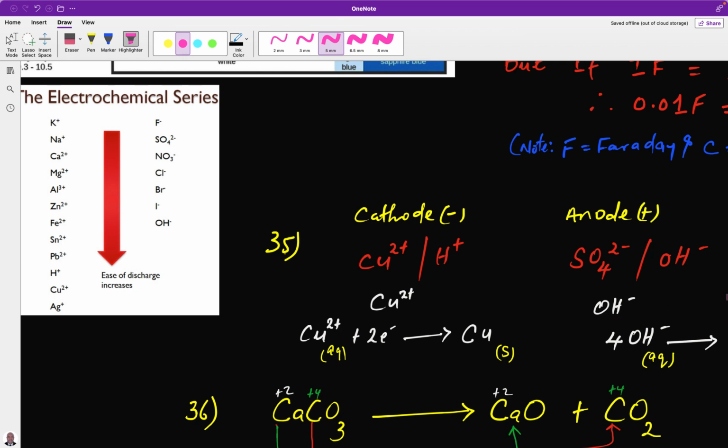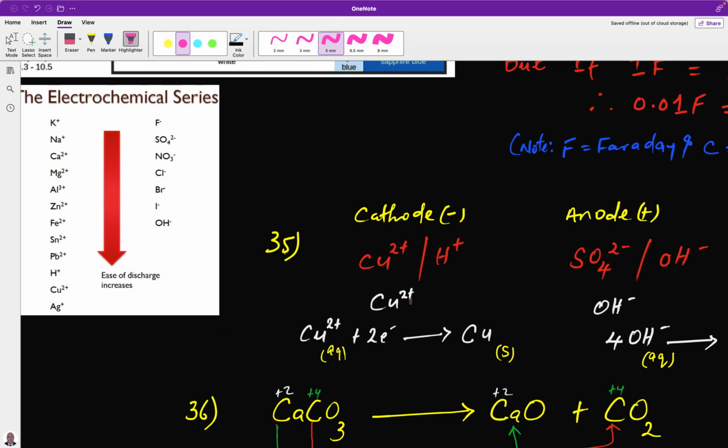Now let's go to the cations at the cathode. Copper and hydrogen ion. If you look here, hydrogen ion is right up, and copper is below it. For that purpose, copper is the one that is going to be deposited. So that's why I write copper there.